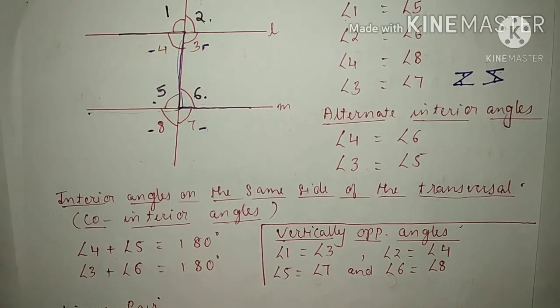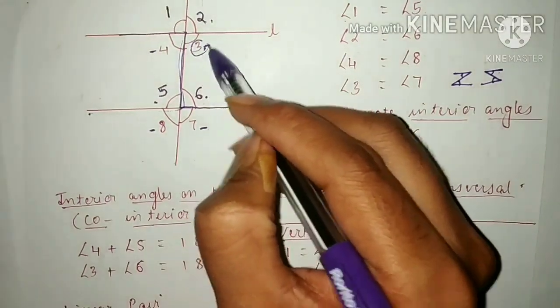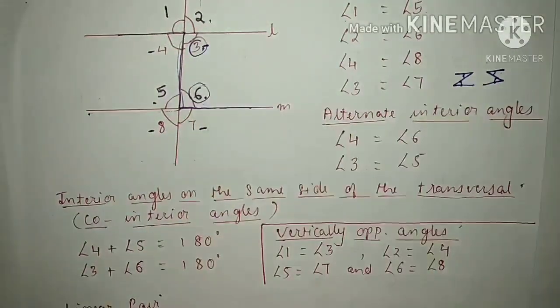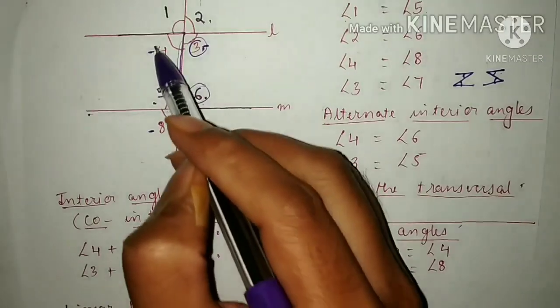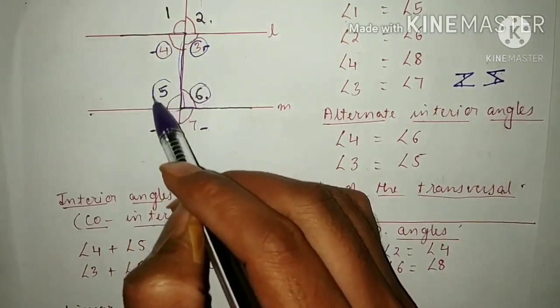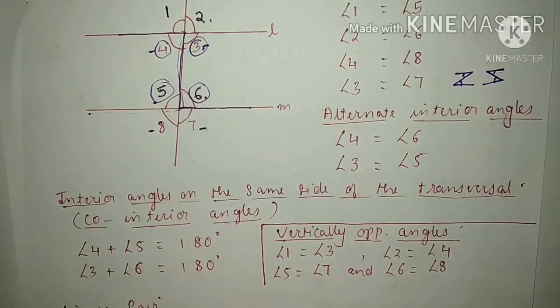Now we will see interior angles on the same side of the transversal. They are also called co-interior angles. So what are the pairs of co-interior angles? This 3 and 6 are co-interior angles, and this 4 and 5 are also co-interior angles.